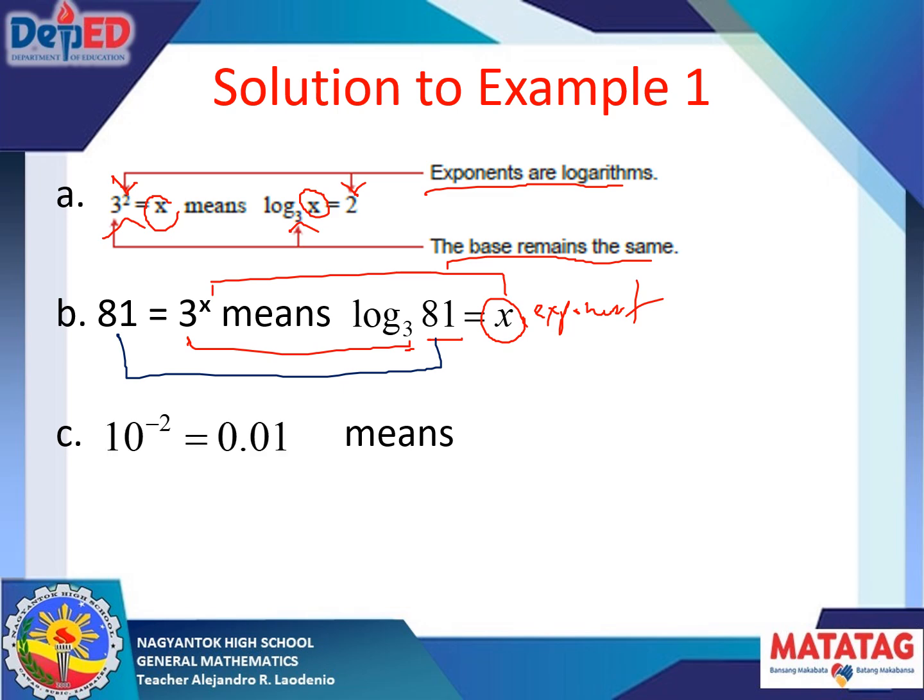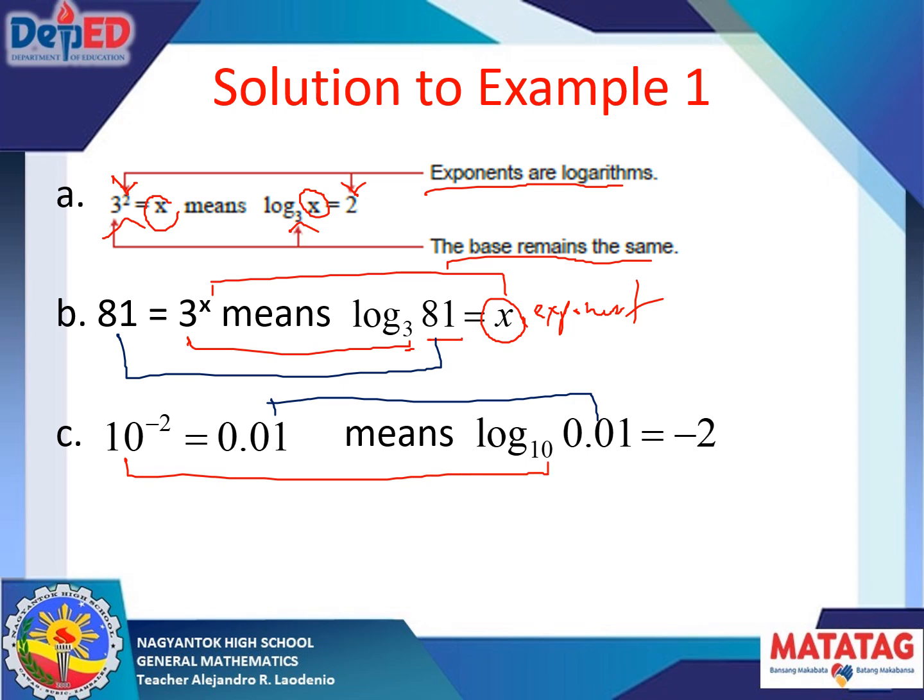Next we have 10 raised to negative 2 equals 1 over 100. Okay, so that would be now the logarithm of 100, and the base 10 is here, and then we have the exponent which is negative 2, and that would be the right side of the logarithm, which is negative 2.